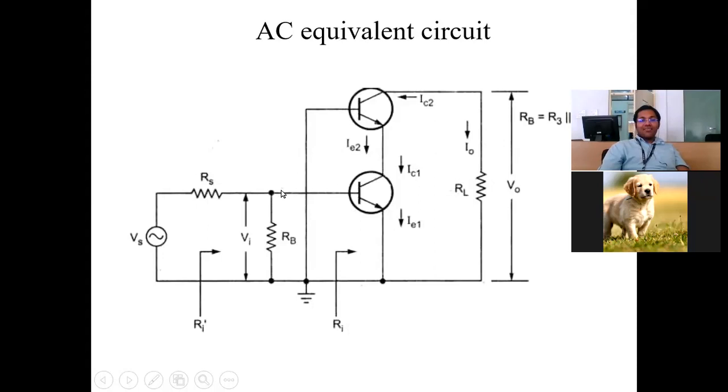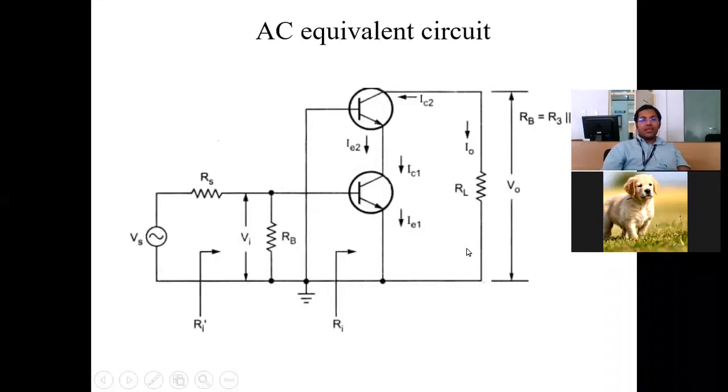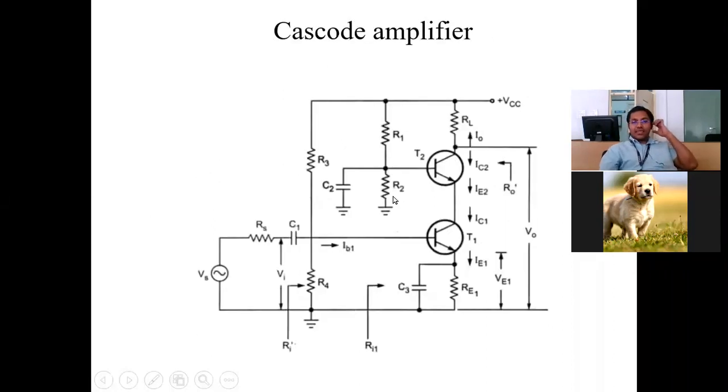Next, from here where is the connection going? From here it is connecting to the base of transistor T1. Next, what is the other rule? This is a short circuit. Why short circuit? Capacitor acts as short circuit.